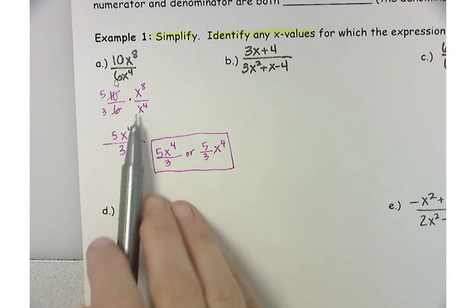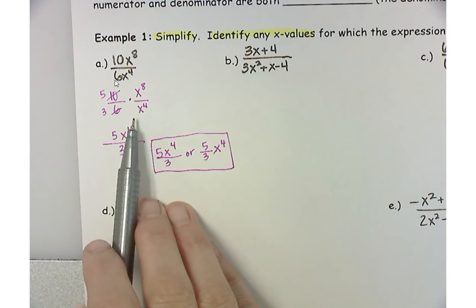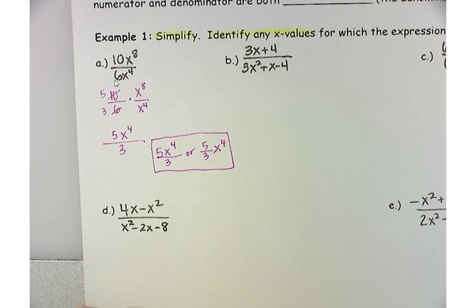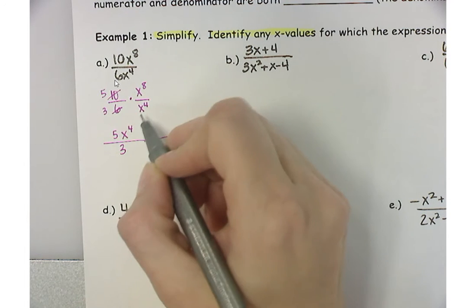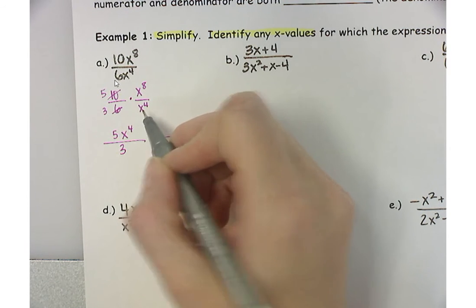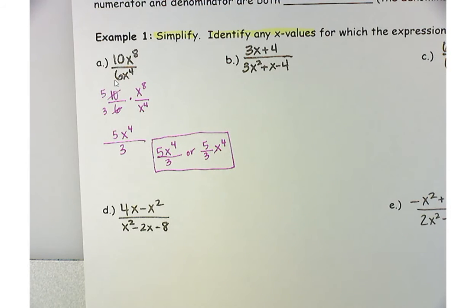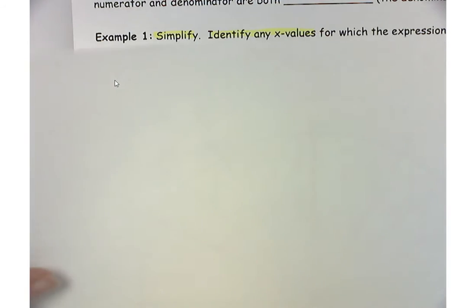If the x to the 8th and x to the 4th were flipped? Yep. So if the x to the 8th was on the bottom, then the x to the 4th would have to stay on the bottom. Remember, x to the 8th is just like you have 8 x's all multiplied together on the top. X to the 4th is like you have the 4 x's multiplied together.